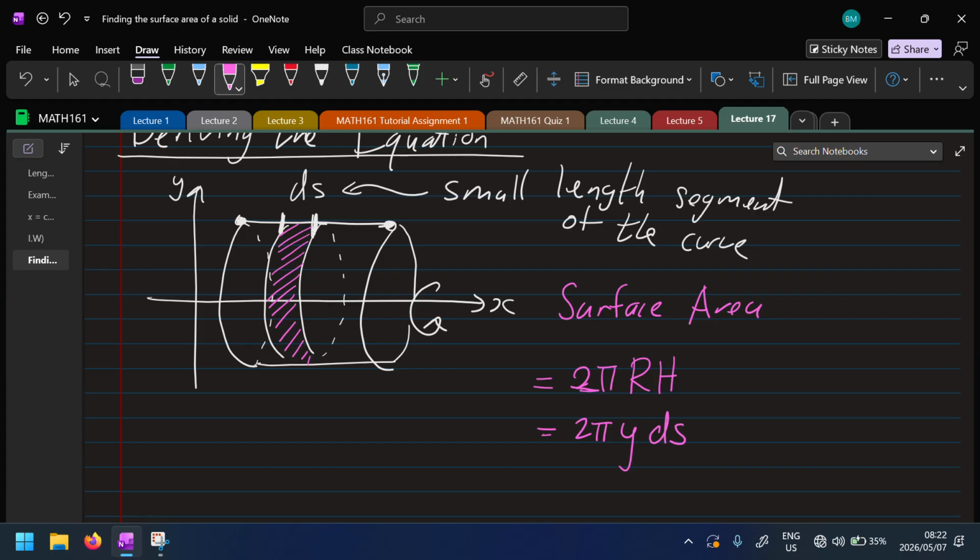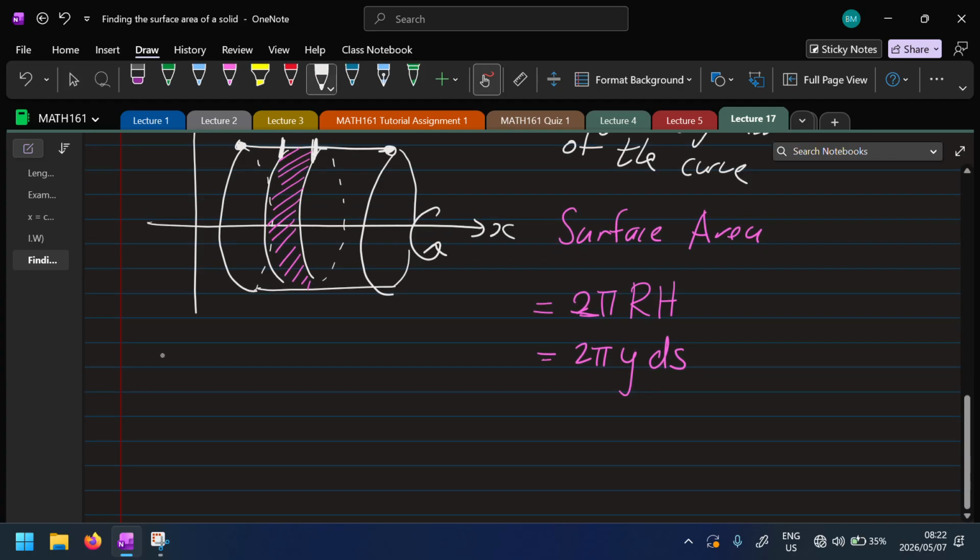Everyone see that? Okay. So the total surface area we call capital S. Don't mix that up with the length s. So capital S for surface area. This will be the integral from the start of the shape on the left, so let's say at A, to the end of the shape on the right.